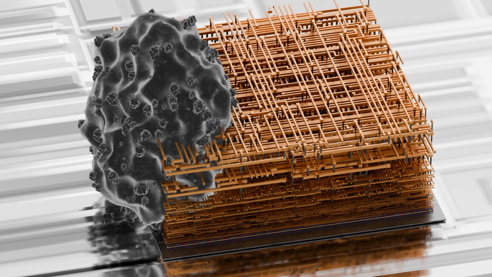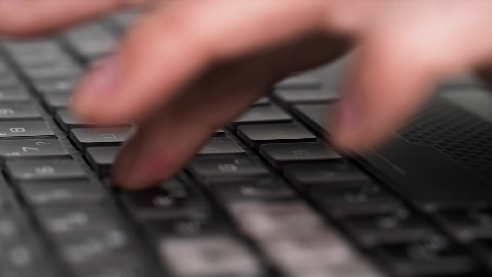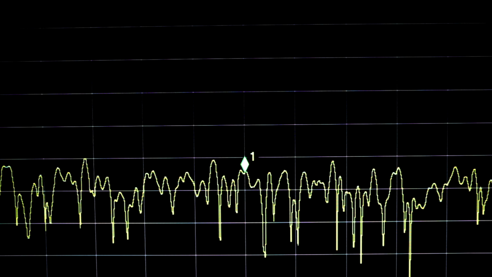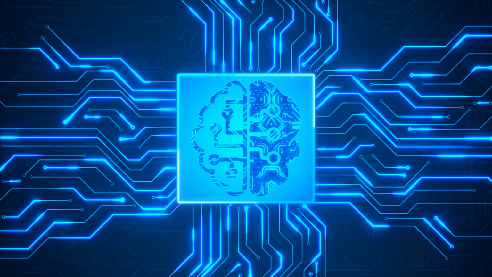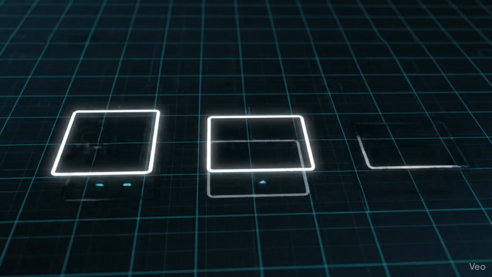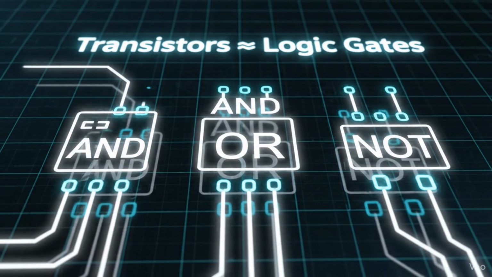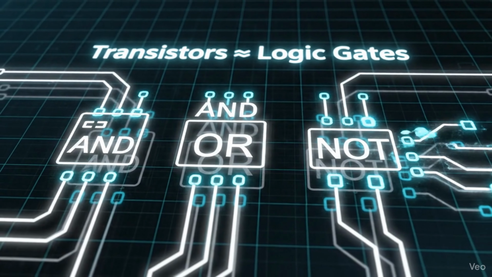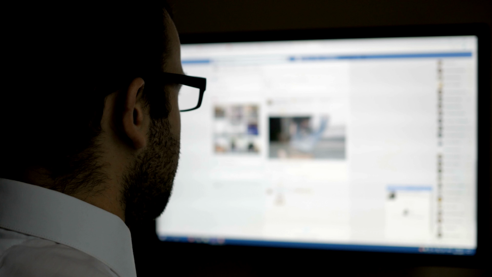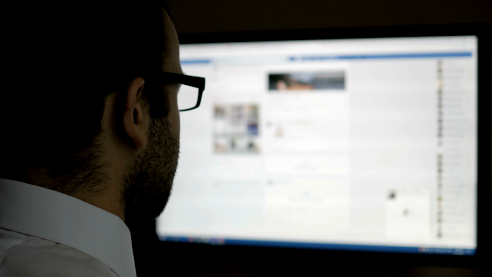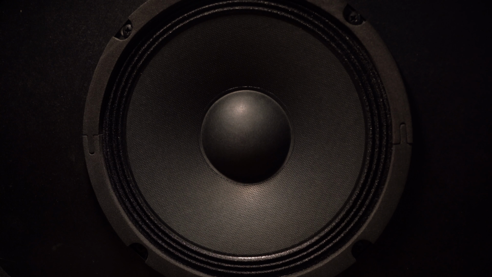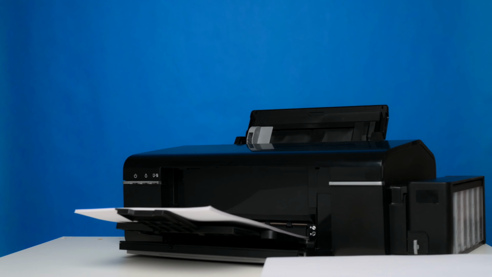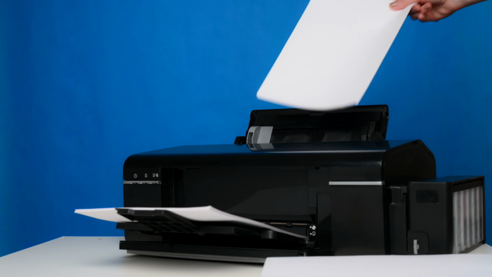So, in simple words, when you click a button, it sends an electrical signal. That signal reaches the CPU, where transistors open and close to represent logic. The CPU performs mathematical calculations using those logic gates and sends the results back as electrical signals again, which your monitor converts into pixels, your speaker into sound, and your printer into ink on paper.